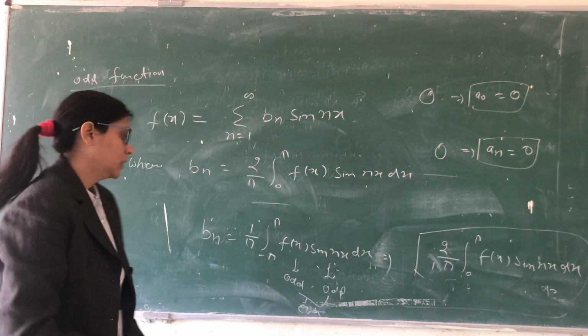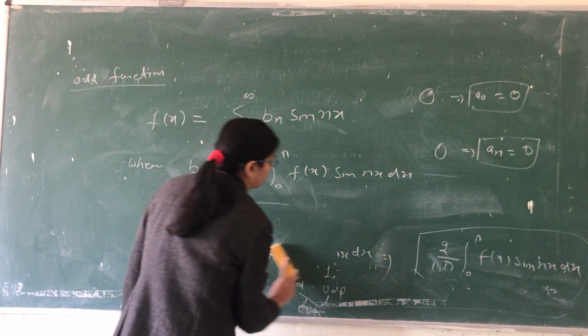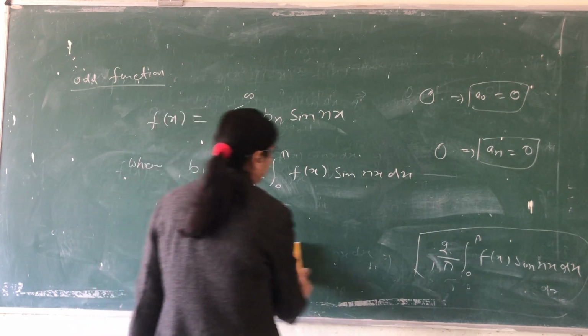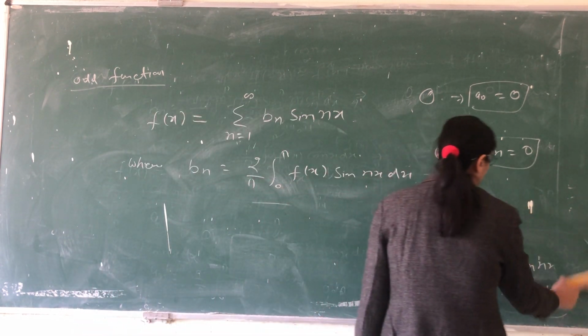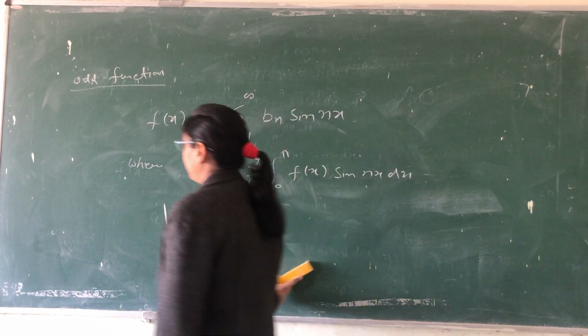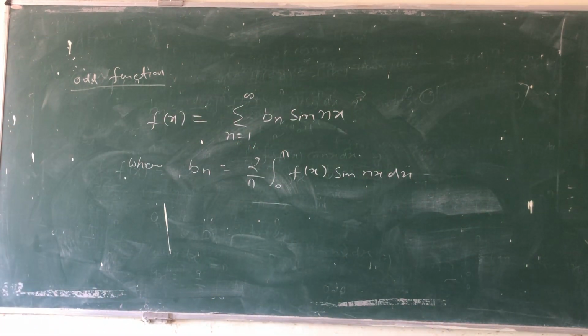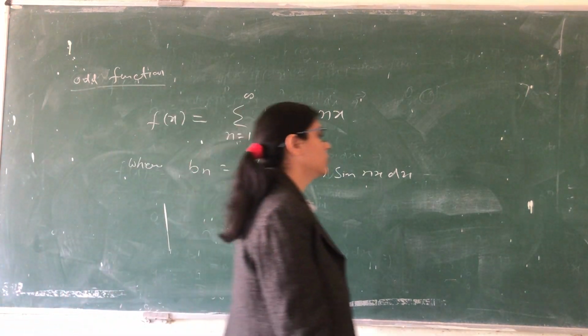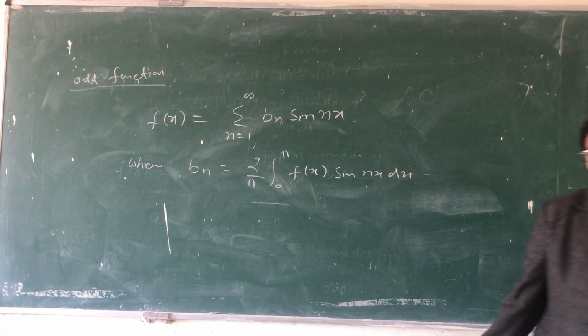Is that clear? So when a question comes and you see that the function is odd or even, you can directly apply the Fourier series formulas for even and odd functions and solve the question easily.